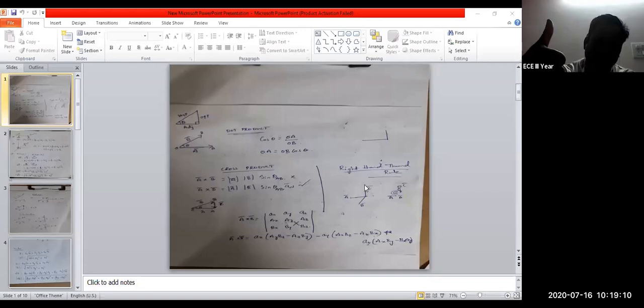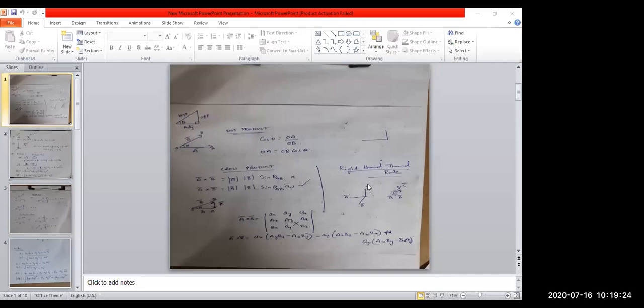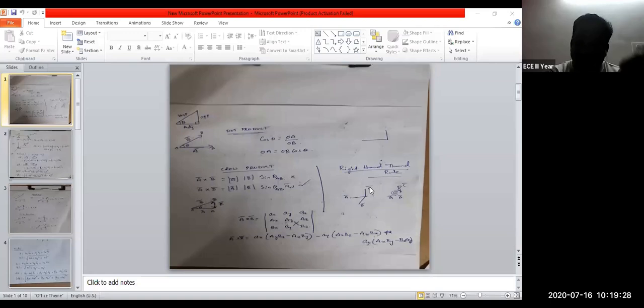So here A bar is one vector, B bar is another vector, and the resultant of A bar and B bar is along the thumb, perpendicular. Perpendicular is the resultant direction of A bar and B bar.